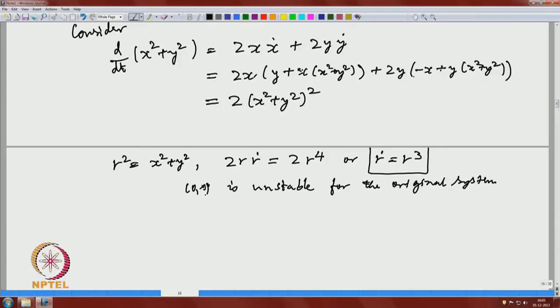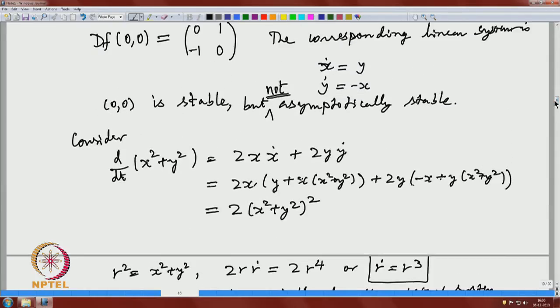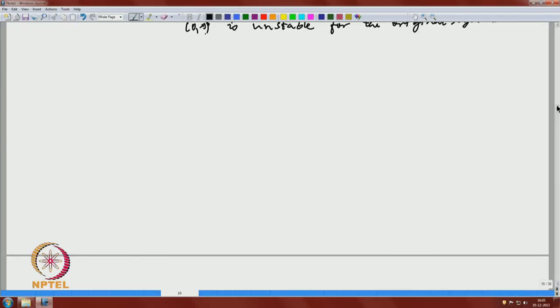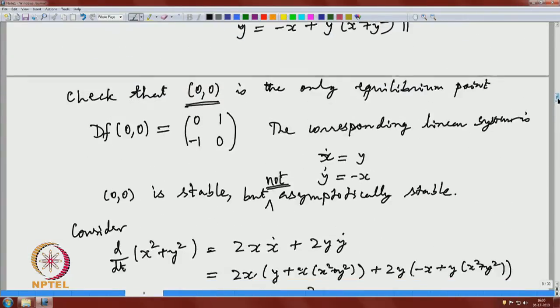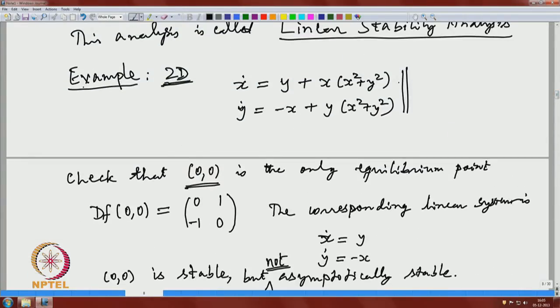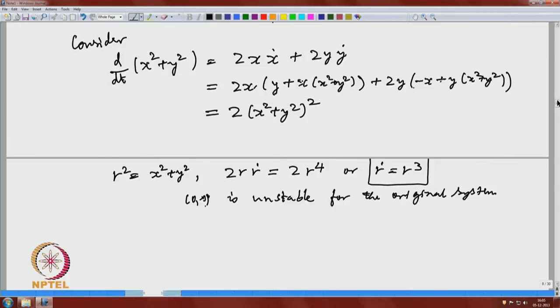Okay. So, the linear analysis says that this origin is stable, but not asymptotically stable, but for the original problem, namely this system, the origin is unstable.